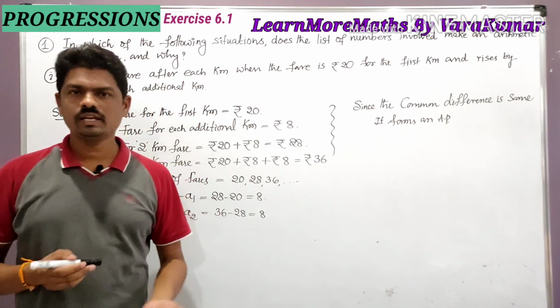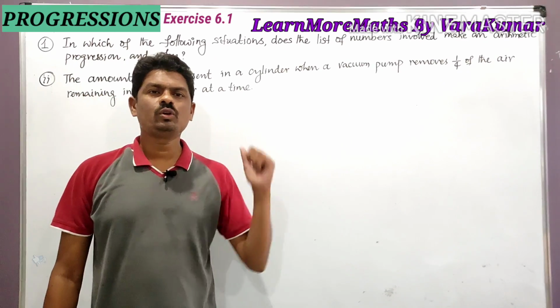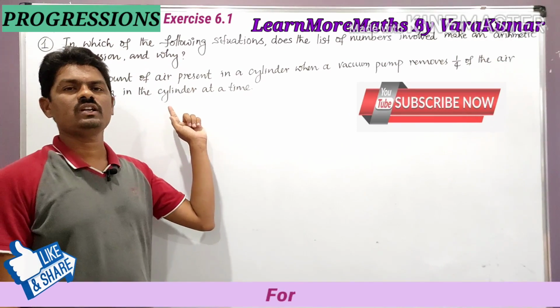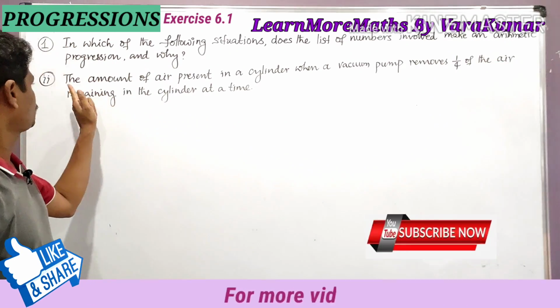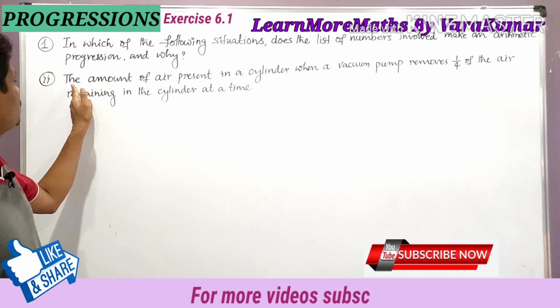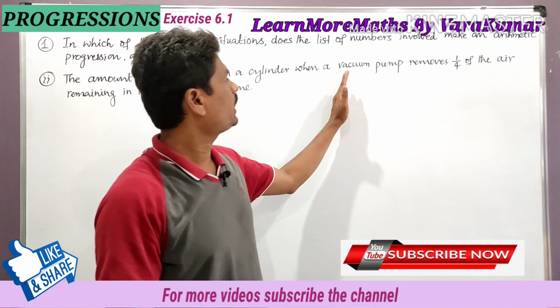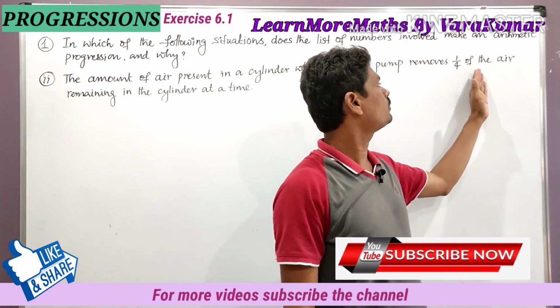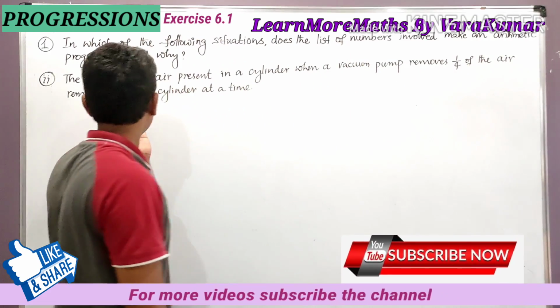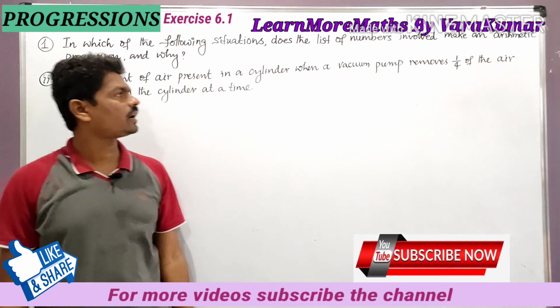So next, the second bit. Student, this is the second situation in the first problem. See what he has given. The amount of air present in a cylinder when a vacuum pump removes 1/4 of the air remaining in the cylinder at a time.